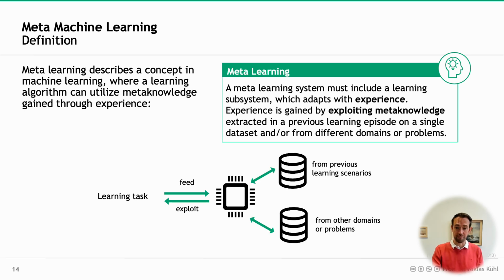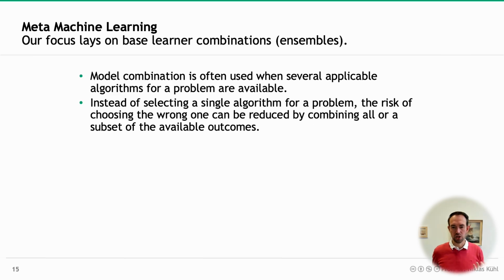So in a simplified manner, we have a learning task where our system is fed with previous episodes, and what we try to do now is learn across those episodes and understand them for better solving future problems. And there are different ways in meta-learning, right?